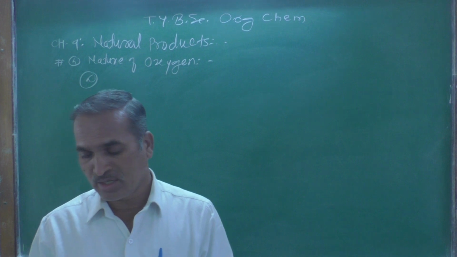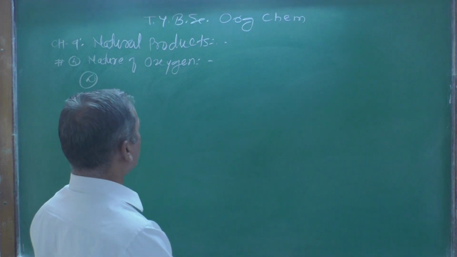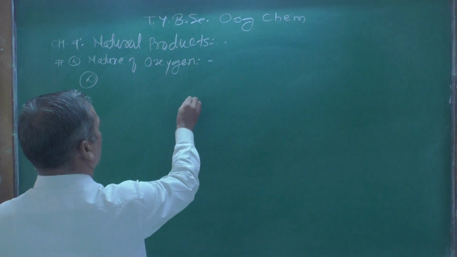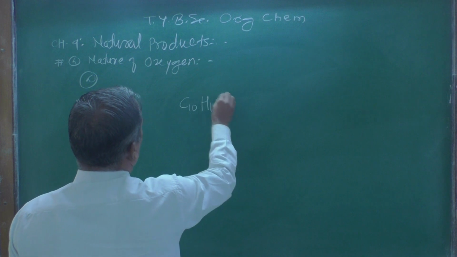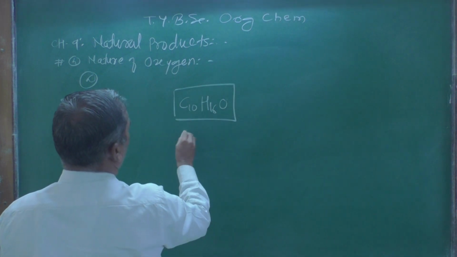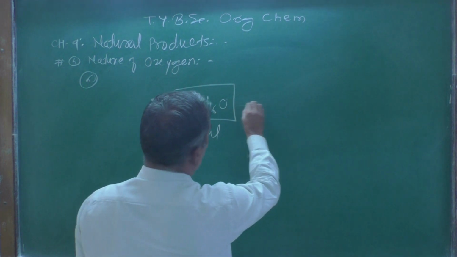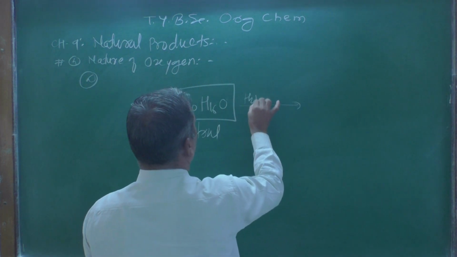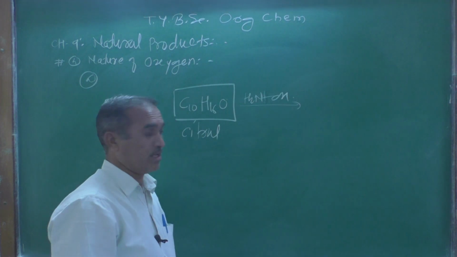Assume citral, which has molecular formula C10H16O, is treated with hydroxylamine, NH2OH, an ammonia derivative.